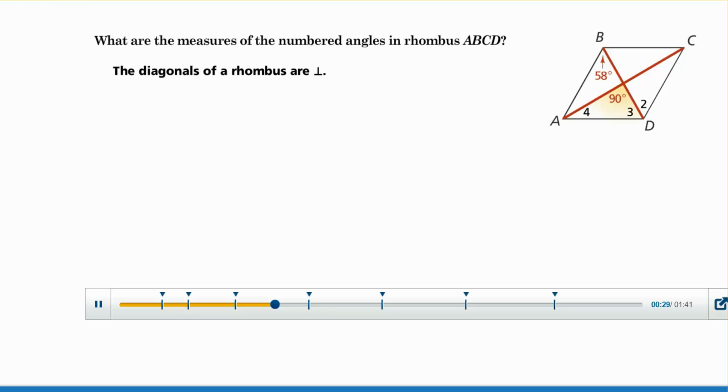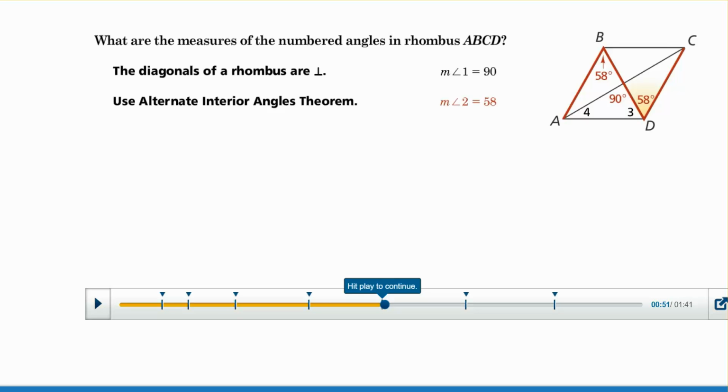The diagonals of a rhombus are perpendicular, so the degree measure of angle 1 is 90. Find the measure of angle 2 by using the alternate interior angles theorem. The degree measure of angle 2 is 58.